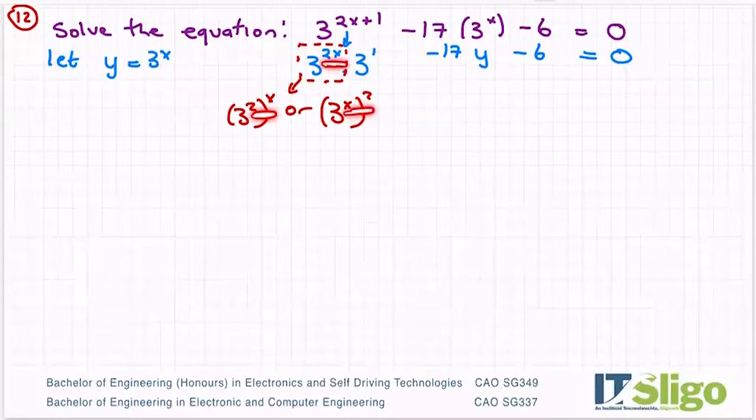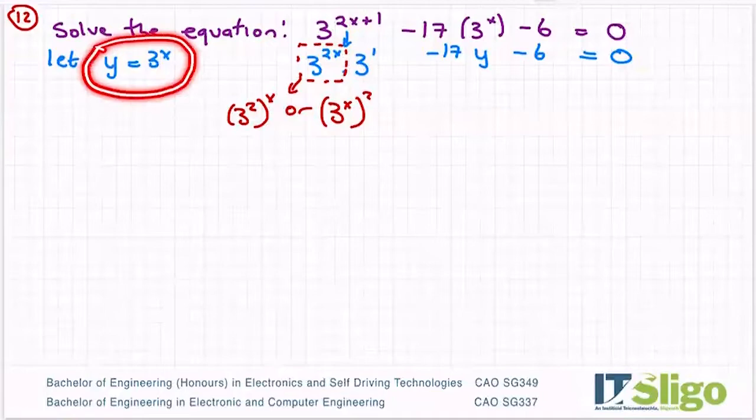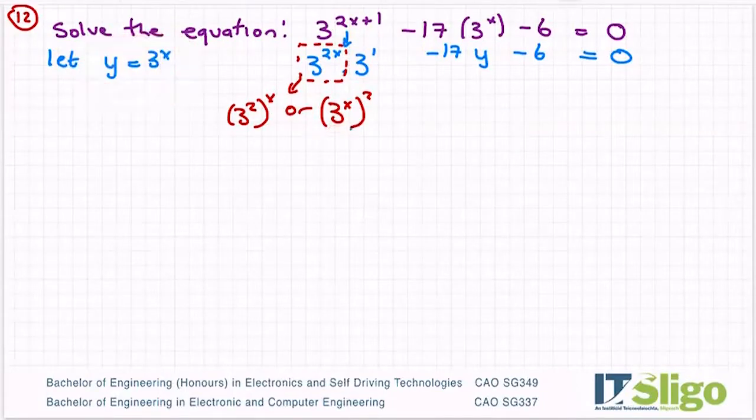So to write it in terms of y, my y is 3 to the power of x here in the center. So this is the one that makes sense for this question, not this one. So we come down here again. I'm going to write it as 3 to the power of x squared.